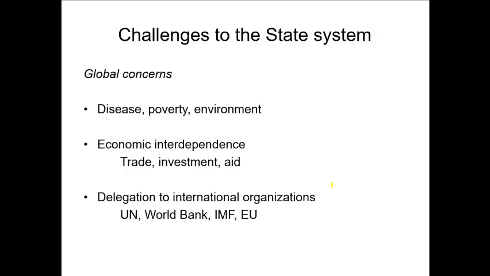Another challenge to the state system is that we're starting to see more and more global concerns that really are not going to be solved unless we solve them globally, as a collective system of states coming together to determine how we stop a disease. Because when disease gets to a border, it doesn't just stop there and say, oh, okay, I've got to get a passport to go to this other country. No, the disease just keeps on going and affects people all over the world. A person just has to get on a plane, and that disease is spread all the way across to the other side of the world. Concerns about poverty are crossing borders.